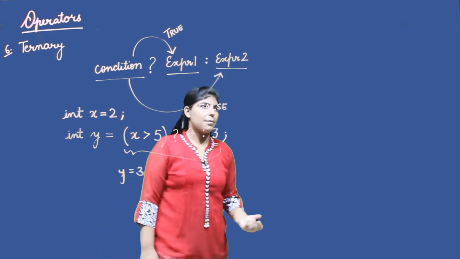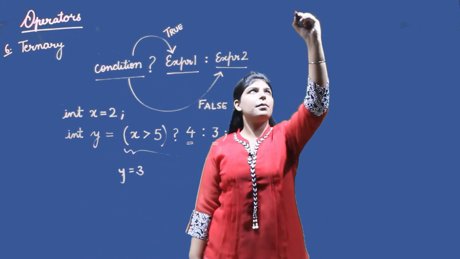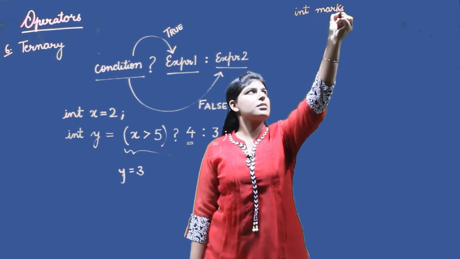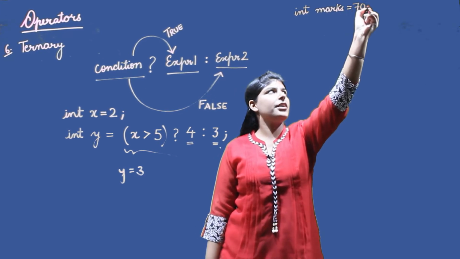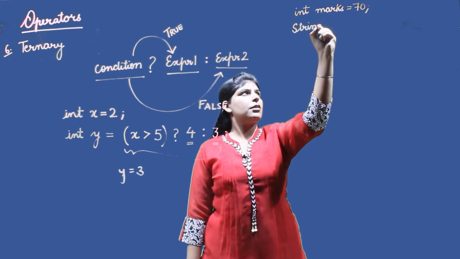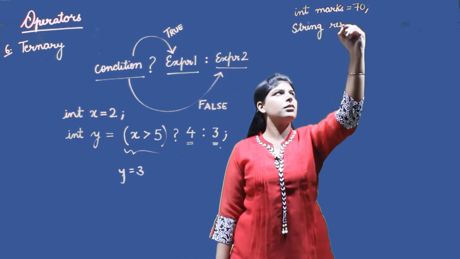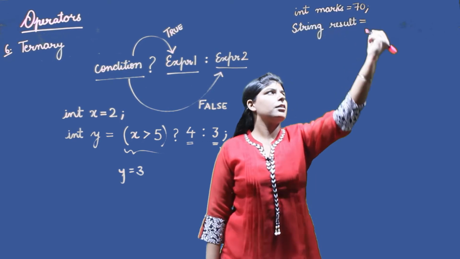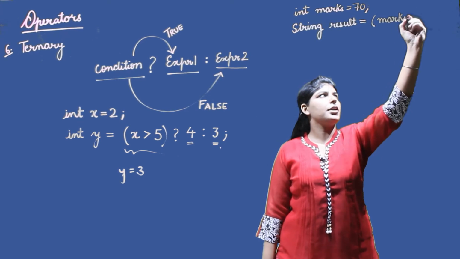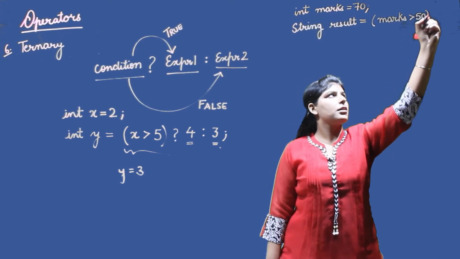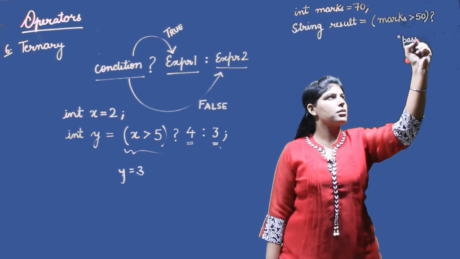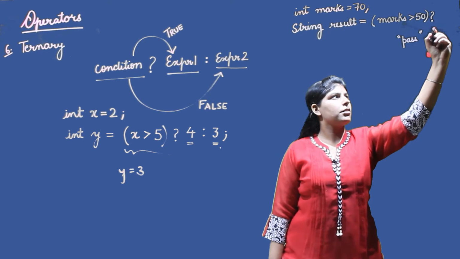Let's take one more example. So we have a variable which is an integer variable named marks. Marks are equal to 70. So now we have a string variable with the name result. Here first we will check the marks. Marks greater than 50 question mark pass, it's a string, fail.